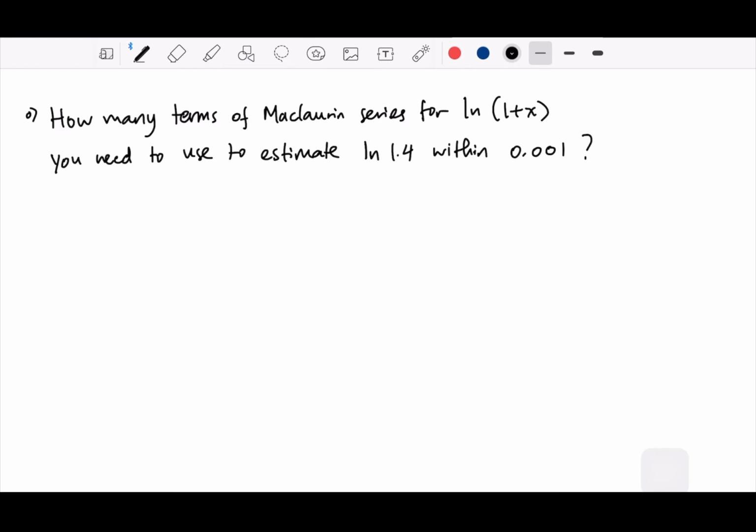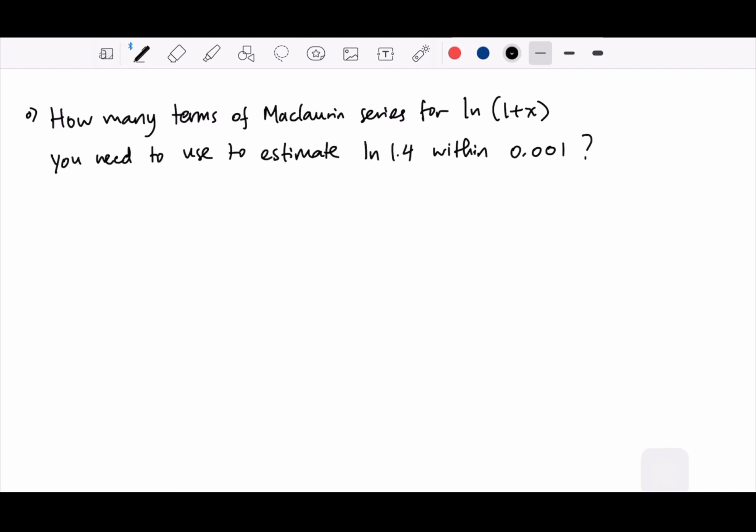And probably at the end of the day, you can check the confirmation, whether the answer and your approximation are close or within the error. You can check ln 1.4, what's the number, and then you can check with the sum, whether it has this gap or not. But first, let's understand the question. How many terms of the Maclaurin series for ln(1 plus x)? It's already giving you the information that we need to look at the Maclaurin series.